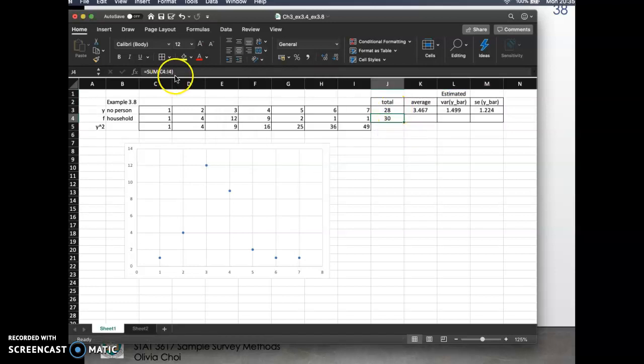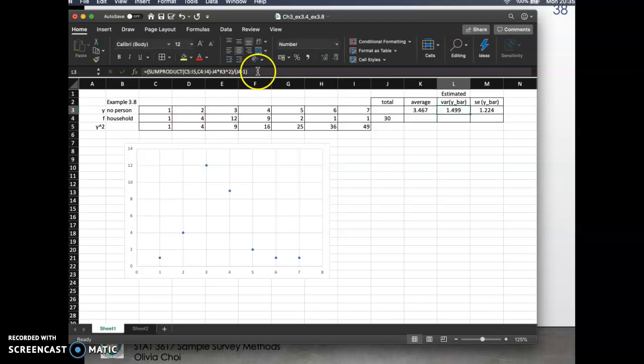This is the total household, 30. The average is the sum product of the number of persons multiplied by the frequency, then divided by 30 households.